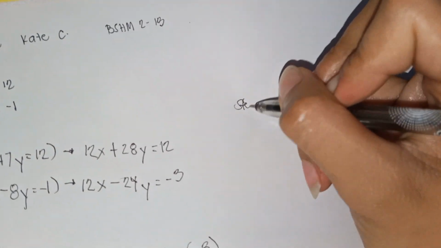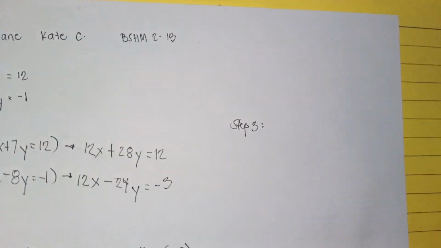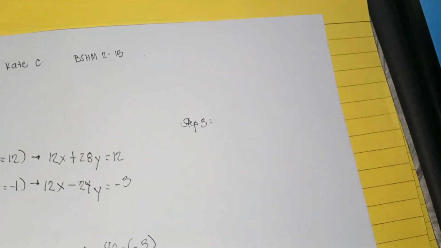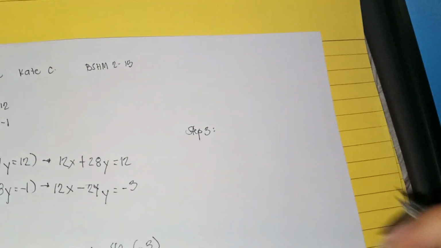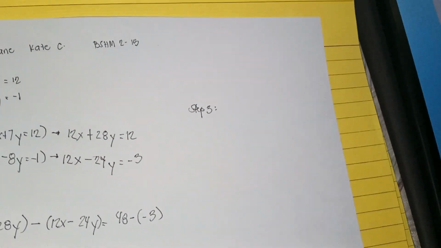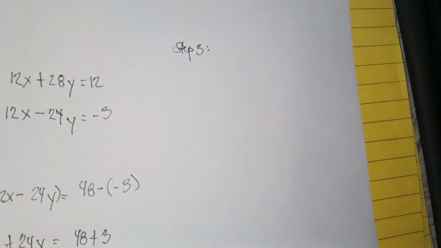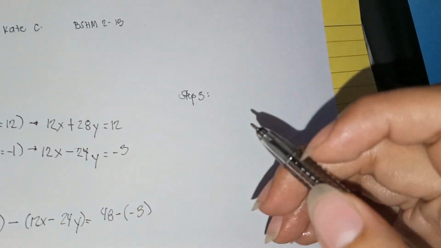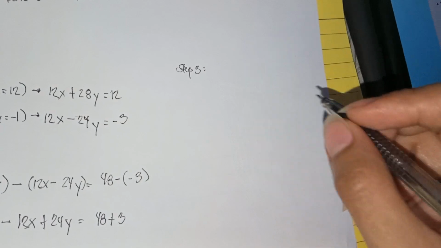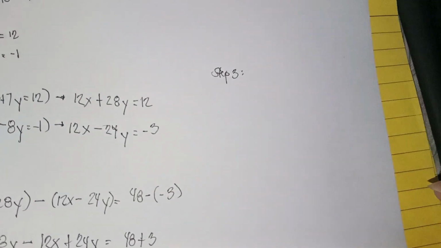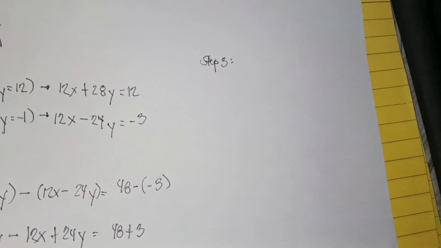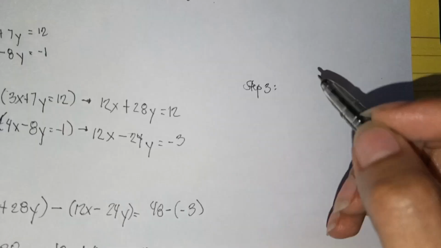Then we're going to step 3. We're going to substitute y equals 51 over 52 back to find x. Now, we plug the value of y we just found back into the first original equation, the 3x plus 7y equals 12, to solve for x.